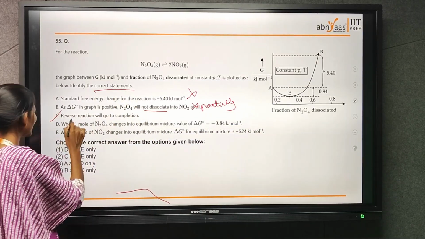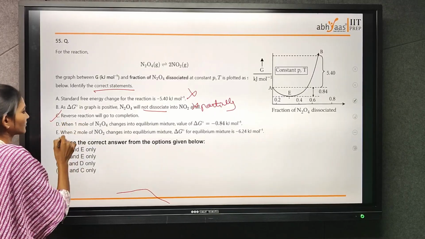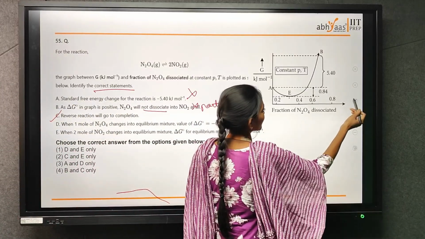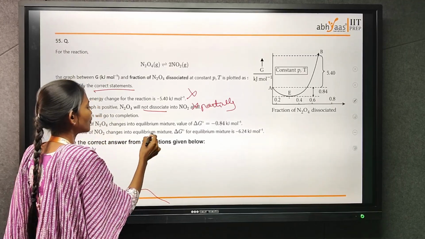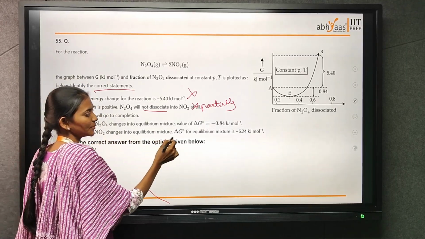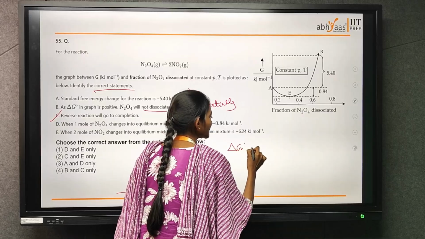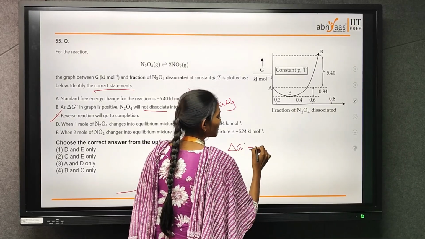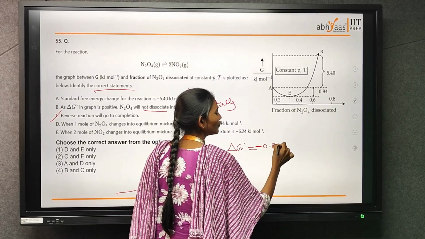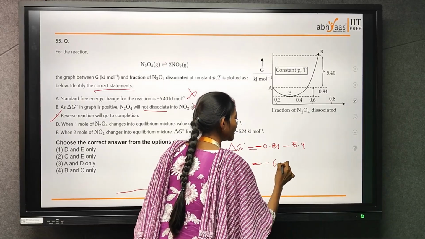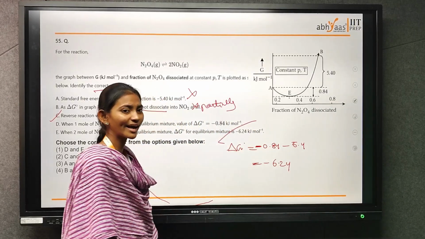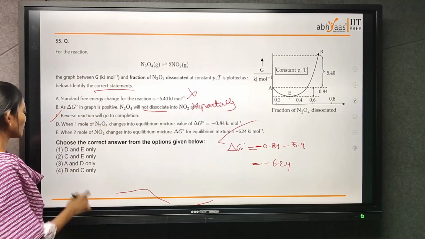So it is a correct statement. And coming to 2 moles of N2O4 changing into equilibrium, delta G naught is minus 0.84 minus 5.4, you are getting minus 6.24. This statement is also correct. So the correct statements are only C and D.